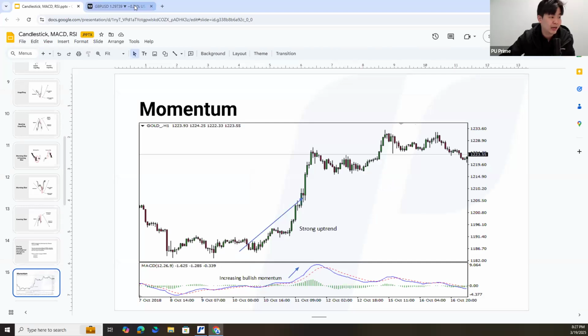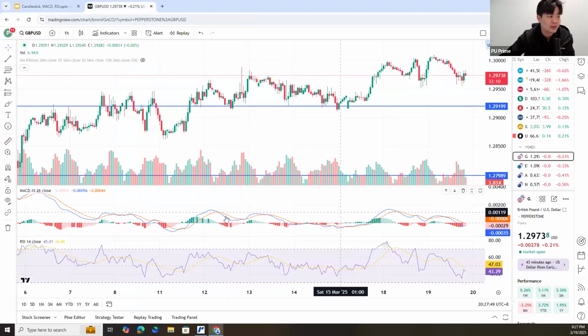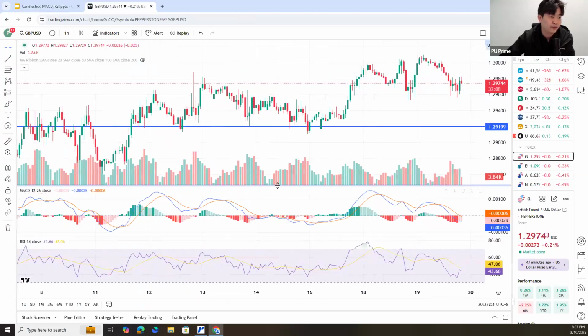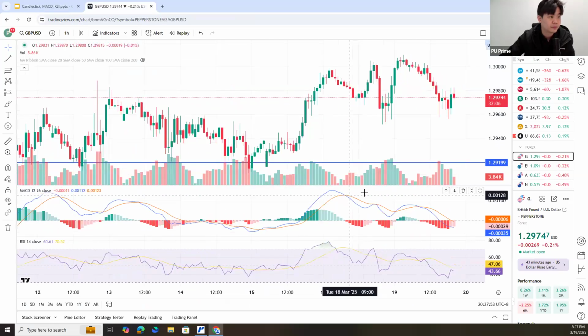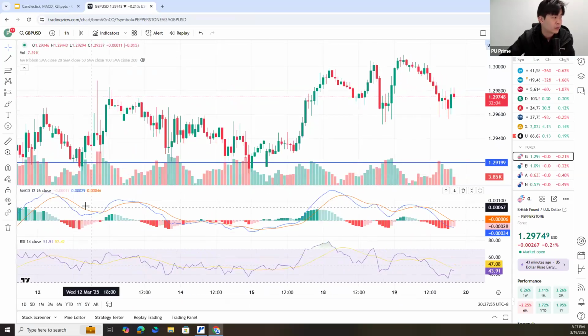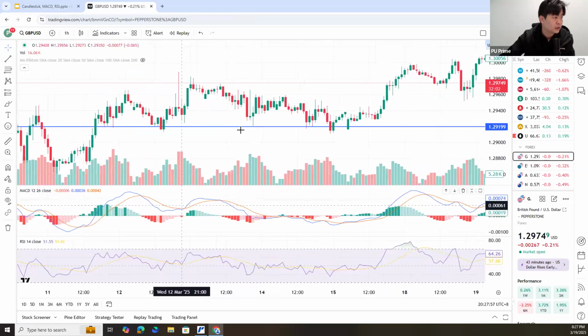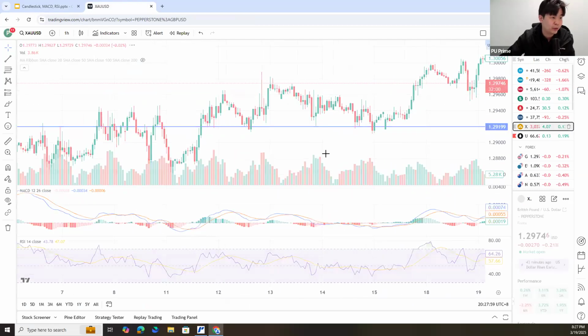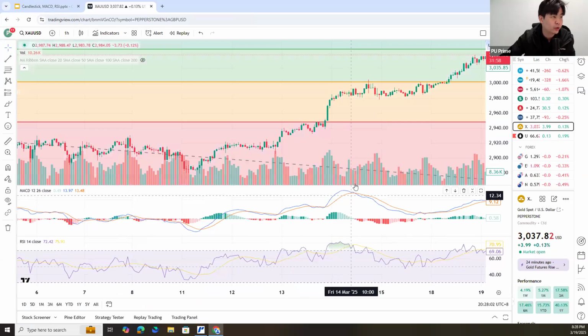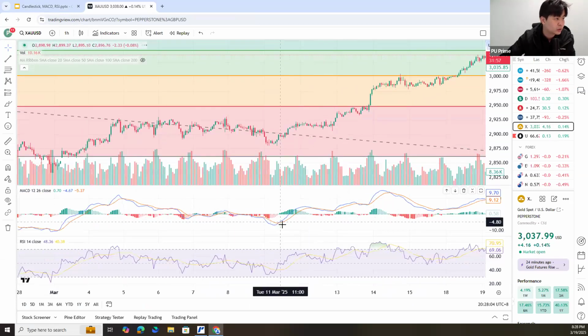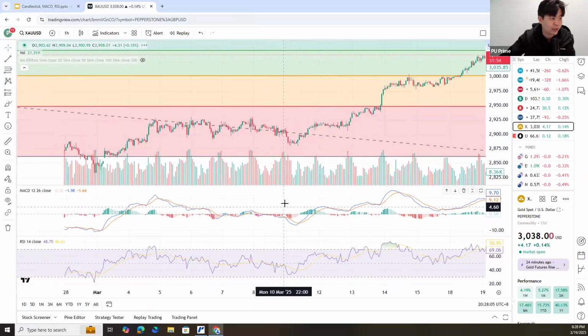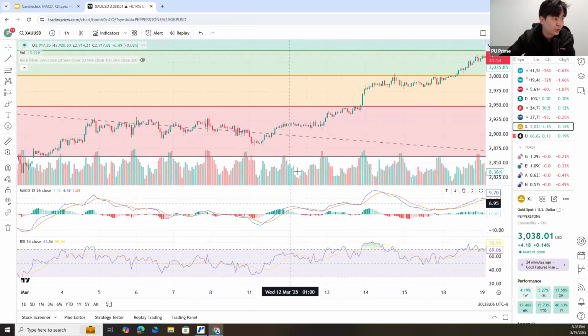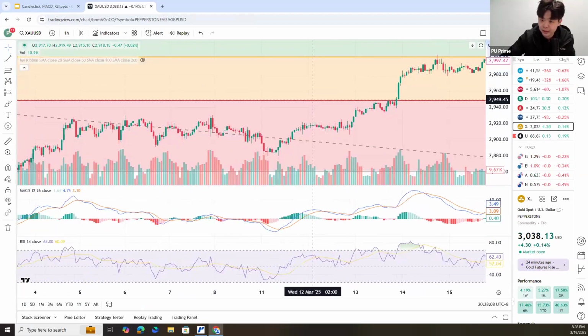The first thing is the potential crossover. Let me zoom in for you. Okay, so this is a potential crossover. Look at the MACD lines over here.